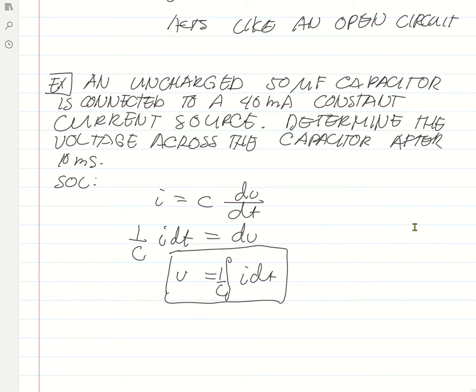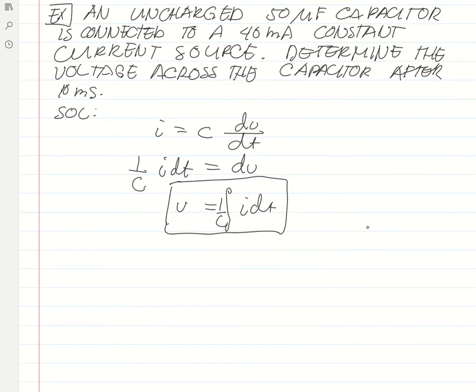And we can use this one to determine the voltage across the capacitor after 10 millisecond. To do that, we need the current. What's the current? It's a constant current source. So if it's a constant current, then we can just move the current outside the integral sign. But if it's not constant, if it's changing through time, then you need to integrate that one.